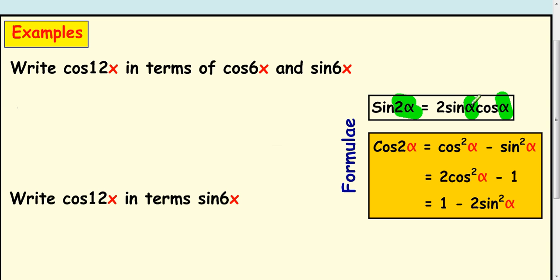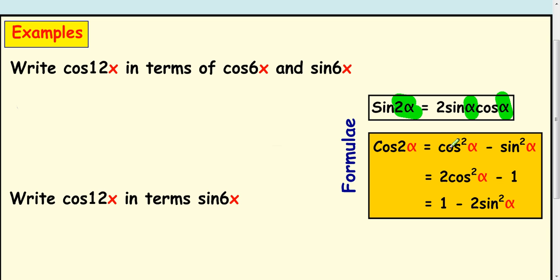So if we had, for example, a 3 here, 2 sine 3 alpha and cos 3 alpha, then this would be sine 6 alpha. And so on, 2 sine 8 alpha cos 8 alpha would be sine 16 alpha, so this doubles up on this side. Or you could look at it as halving to get here.